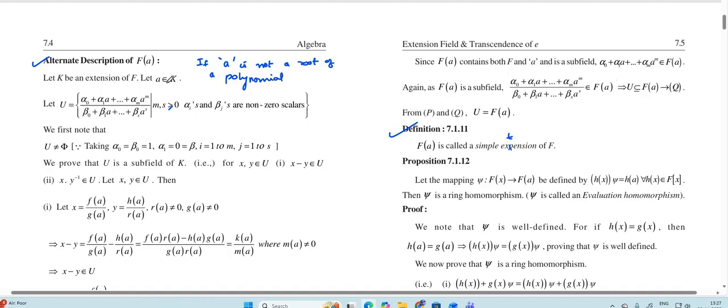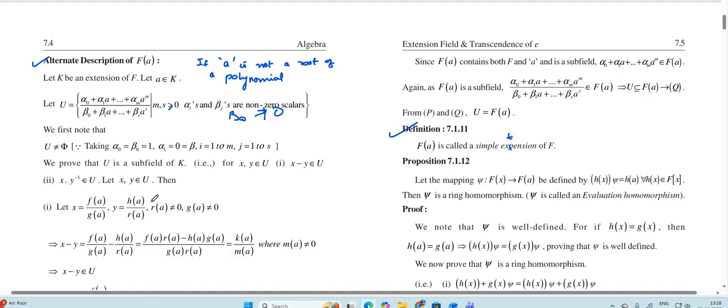So let K be an extension of F and A belong to K, and U be this collection, where m and s are non-negative integers, and the alpha i's and beta i's are scalars, especially we do not want beta not to be 0. It should not be 0.